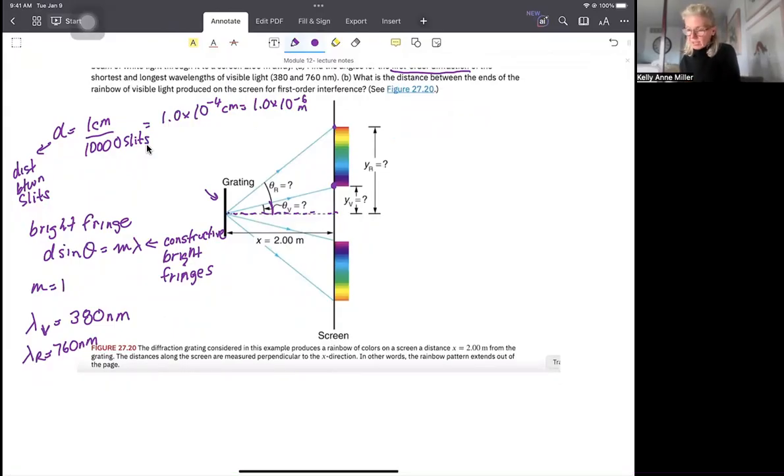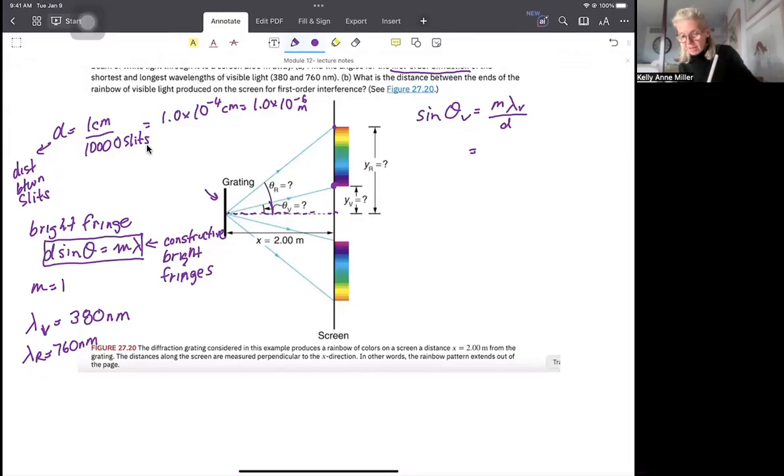So I've got everything I need on the left side. Now let's calculate it out. Sine of the angle, and let me do violet first, is just going to be equal to, if I take this formula and rearrange it to isolate sine theta, m, which is 1, times the wavelength of violet divided by the distance between the slits.